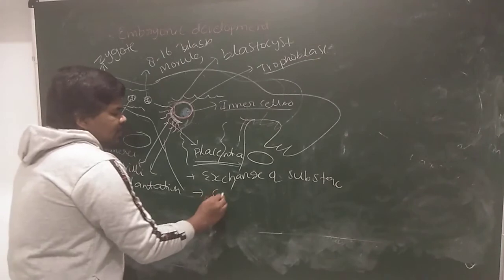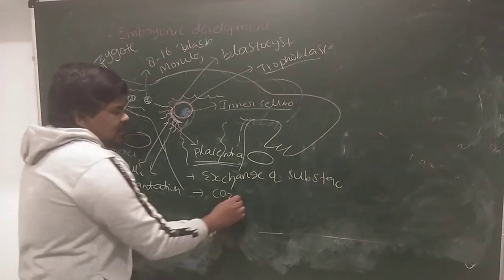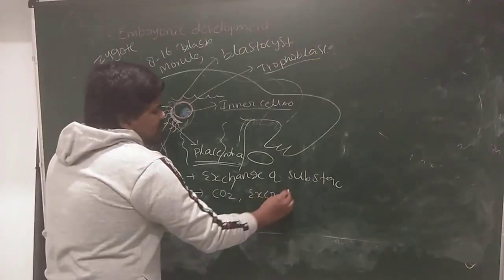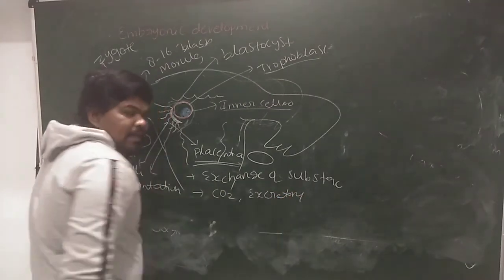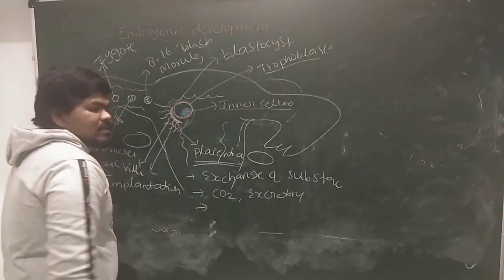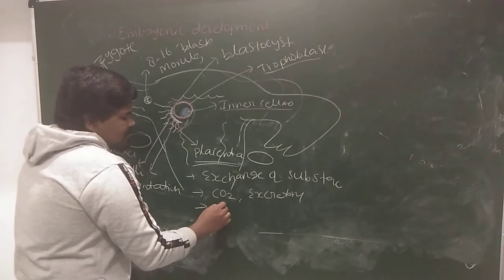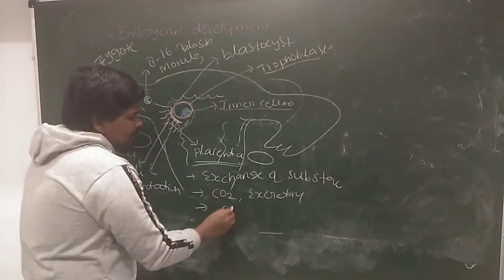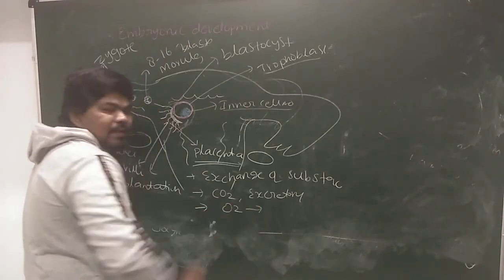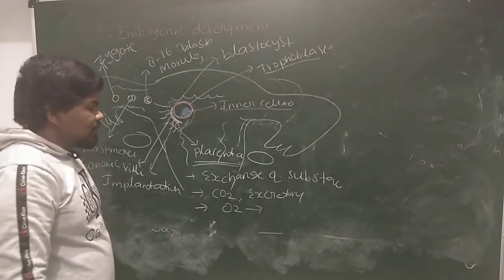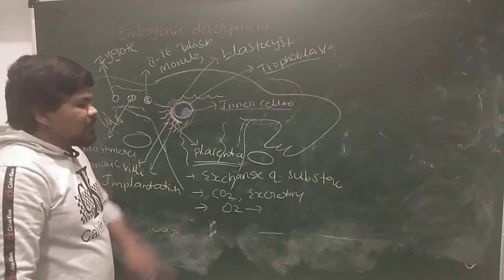Mainly it is used for the removal of carbon dioxide and excretory products from the embryo. Apart from that, it is also used for the transportation of oxygen to the developing embryo. That is about the placenta.